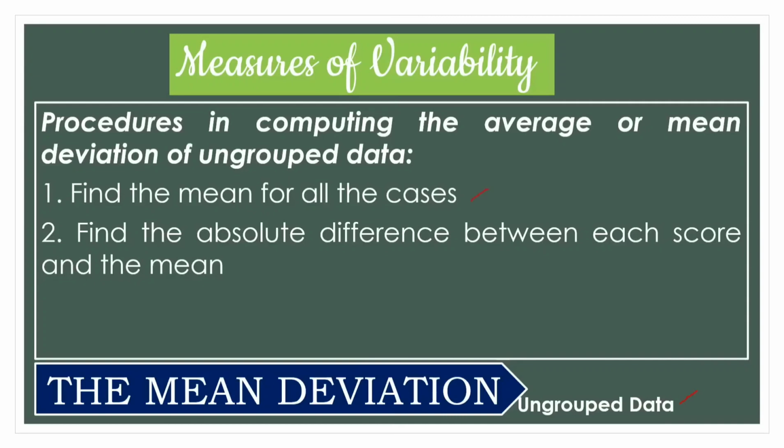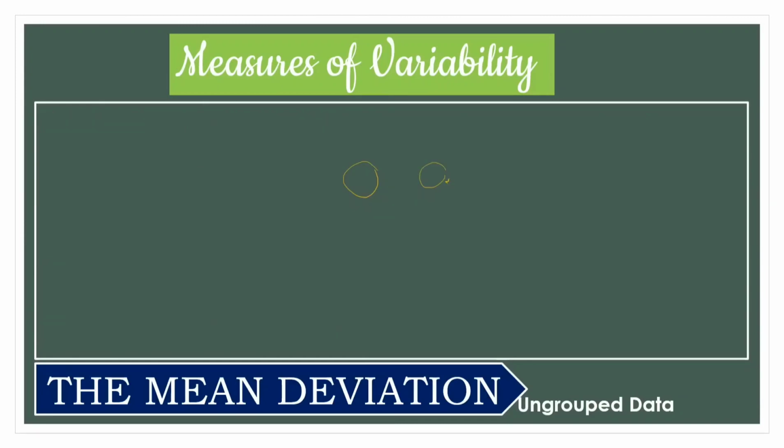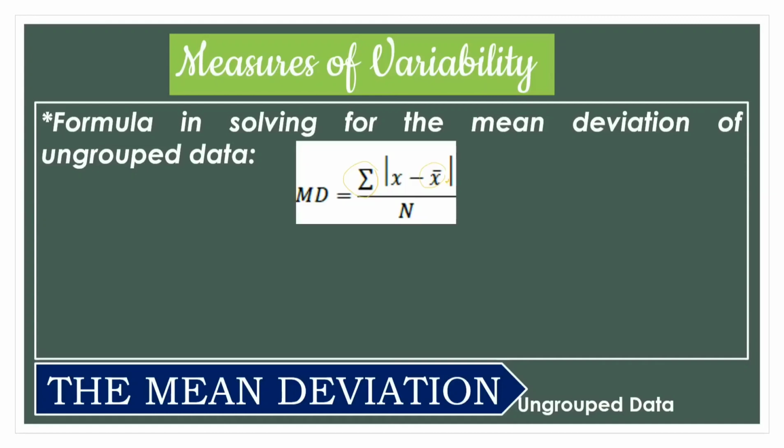Step 2, find the absolute difference between each score and the mean. Step 3, we find the sum of the differences and divide it by the number of scores or cases. Let's go over those steps as we answer some examples.